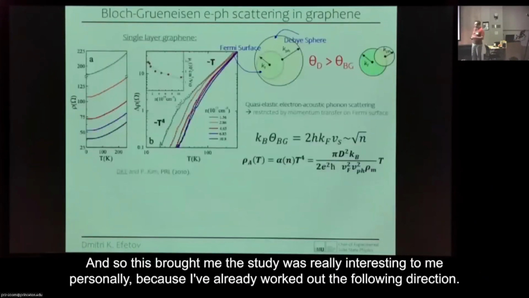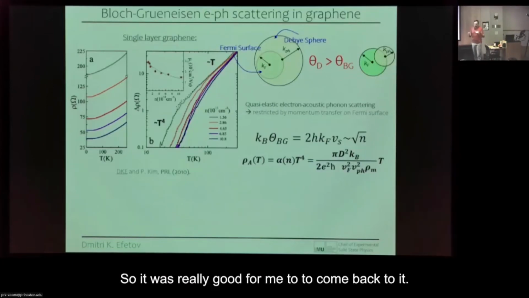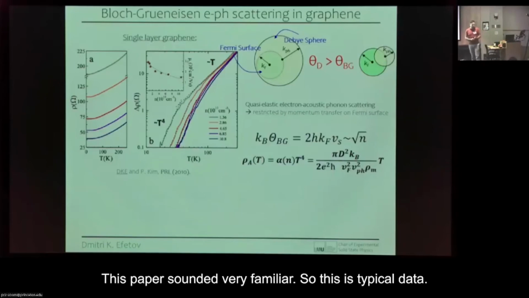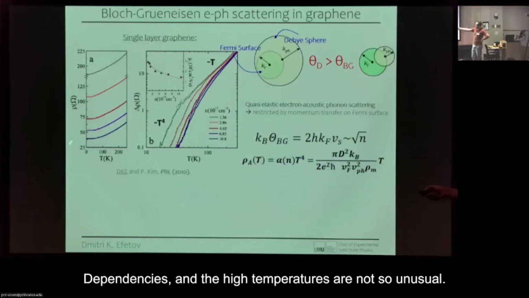The study was really interesting to me personally because I already worked on electron-phonon interaction with Philip. This was my first PhD paper, where we looked at this problem from an electron-phonon perspective. So it was really good for me to come back to it. And indeed, a lot of those features which Andrea reported in this paper sounded very familiar. This is typical data in single layer graphene.